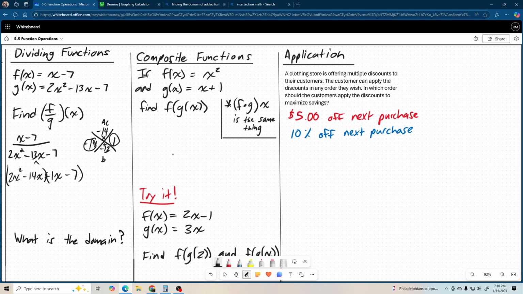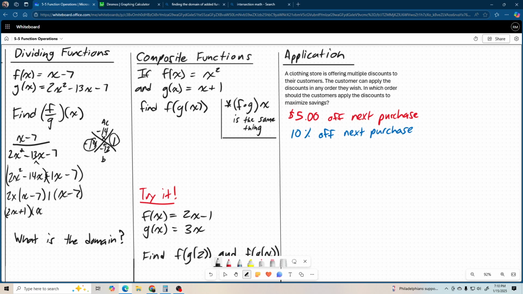Let's take out a 2x from this side, so we have x minus 7. Over here, we already have x minus 7, so we're just taking out a 1. And then x minus 7 over here as well. Now we have the two shared terms, which is what they should be. So you'll get 2x plus 1 times x minus 7.